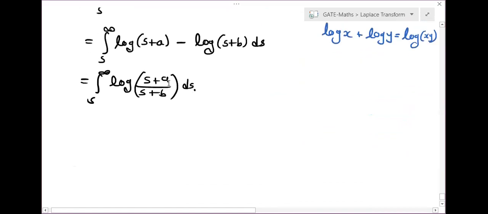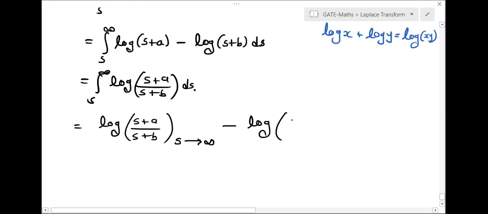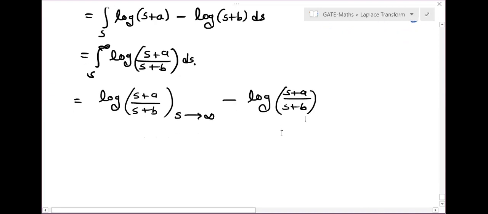When I put the upper limit and lower limit over here, when I have to put s equal to infinity, it should be s tends to infinity, minus, I am putting log over here, log s plus a by s plus b. Even in the calculus portion, we are going to see this limit chapter in detail.